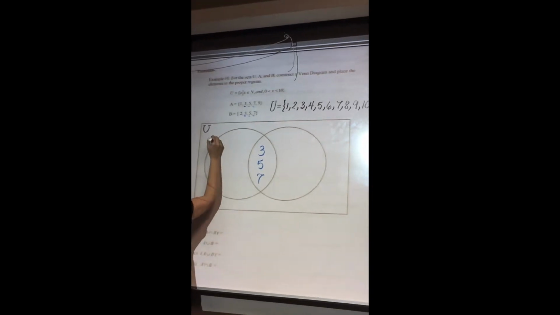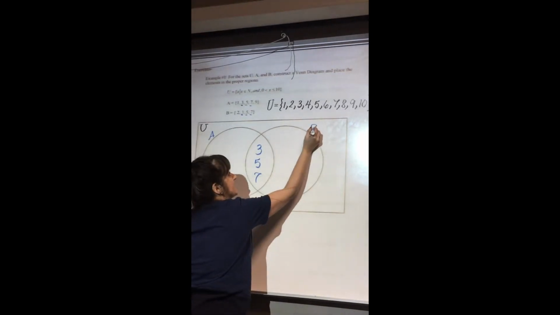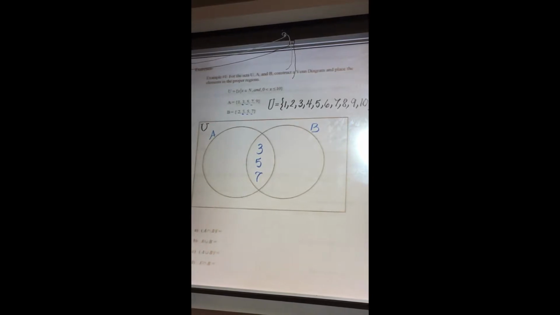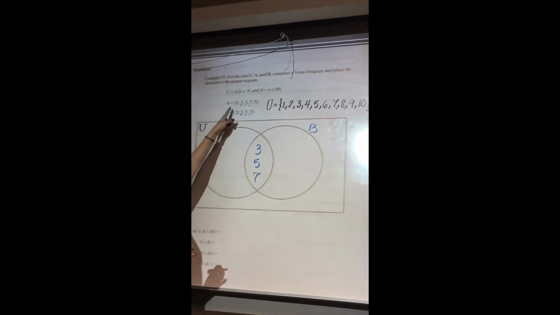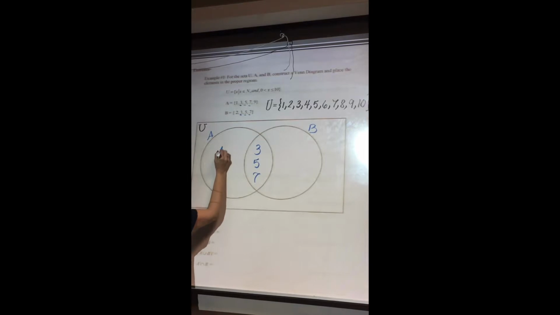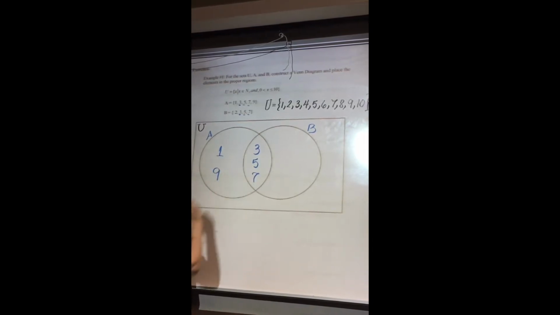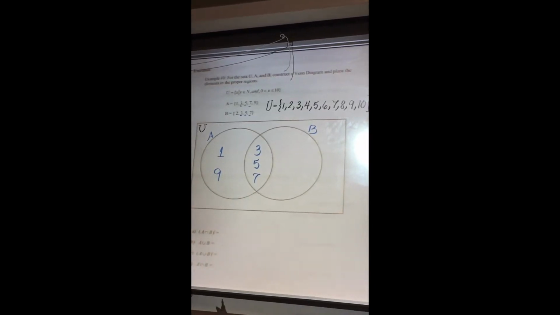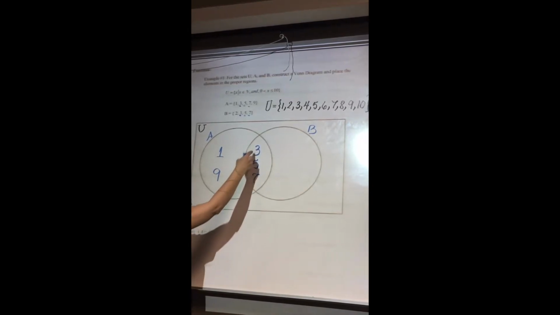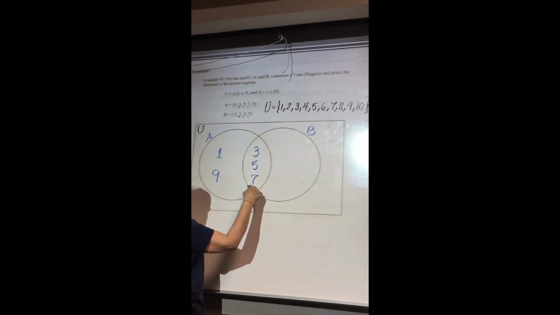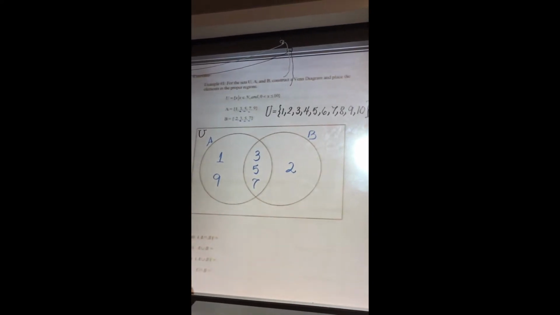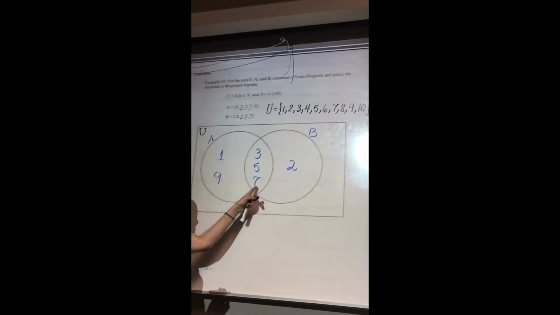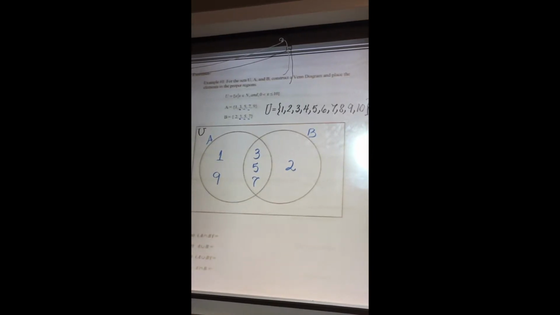Then this is set A and this is set B. Now, what is in A that is not already in here? You have the elements 1 and 9. Those are in A, but not in B. Then let's look at B. These elements are already included in B, but 2 is not. So 2 goes in B, but not in the intersection between A and B.